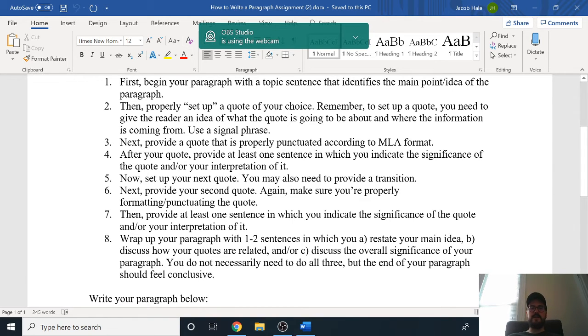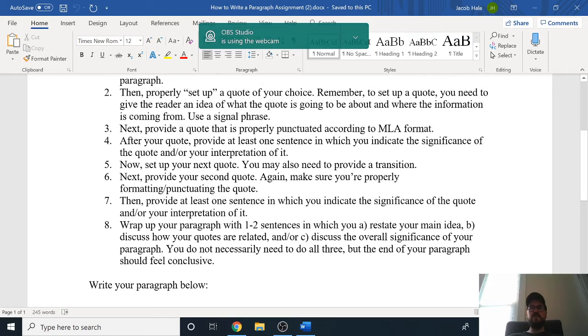We had our main idea. These two steps, steps 2 and 3, these are the example part of MEAL. Now you're going to analyze your quote. And a good way to approach this as well, if you feel like you maybe struggle with analyzing things, what you can do is just essentially put the quote in your own words.